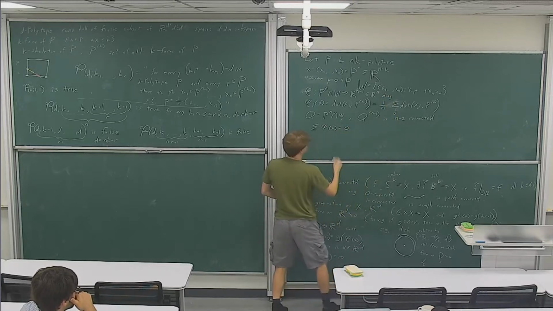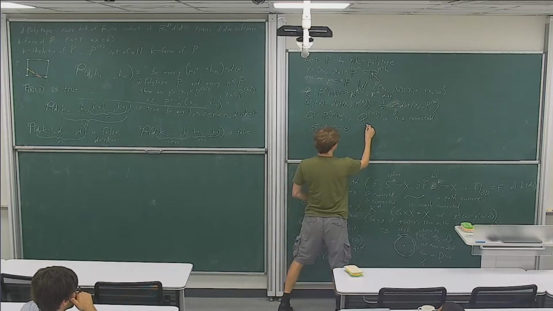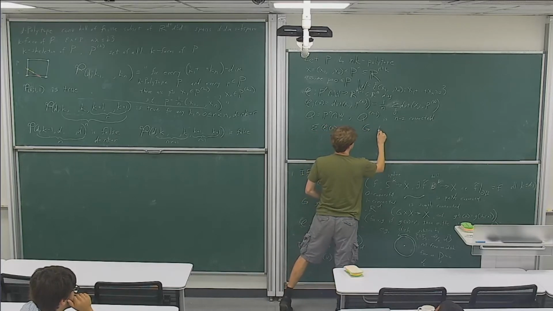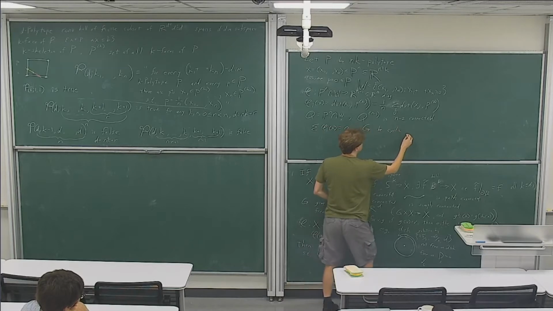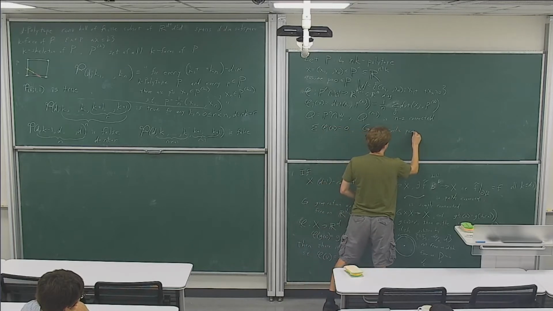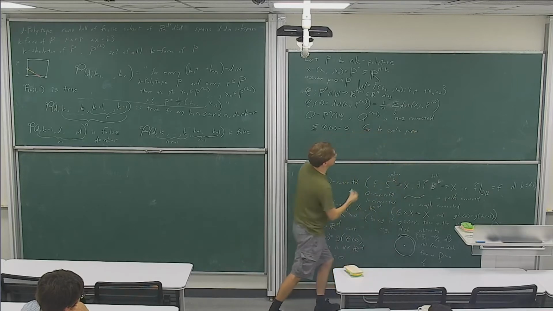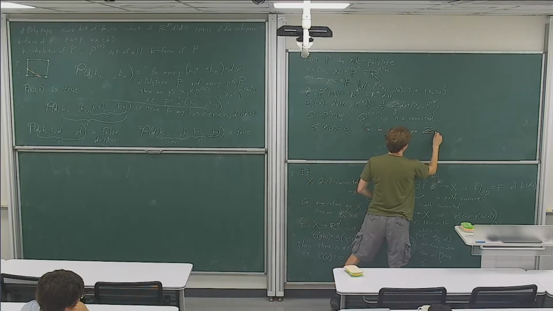And here let G be the cyclic permutation of the coordinates, in other words, Z mod n.